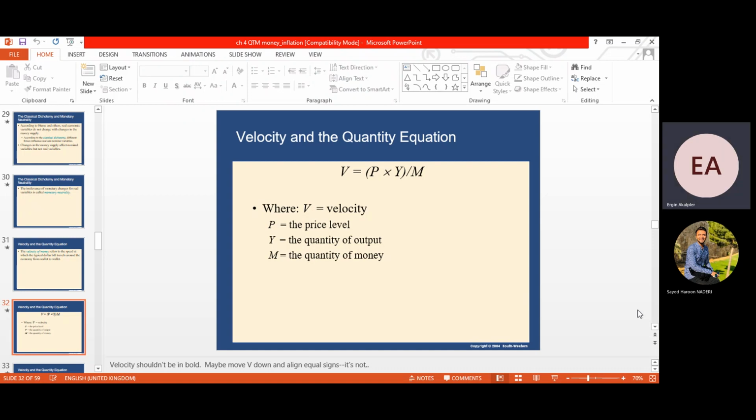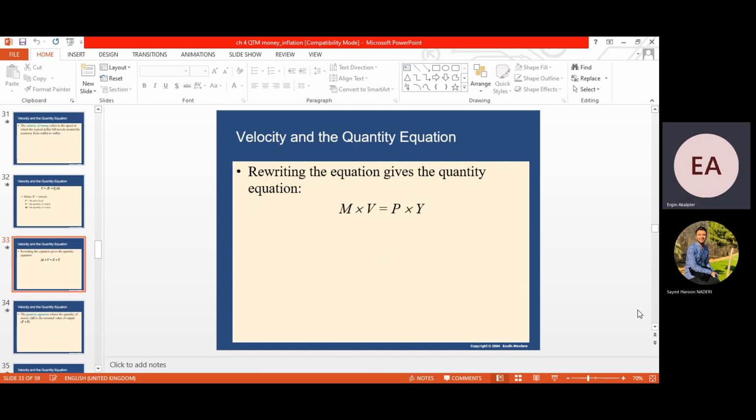Therefore, MV is equal to PY, and when you divide each side by M, this will give you this equation: V is equal to P multiplied by Y divided by M. I think you know some mathematics, and you can do this very easily.